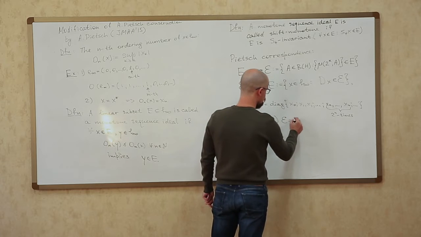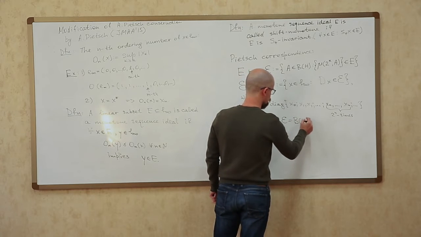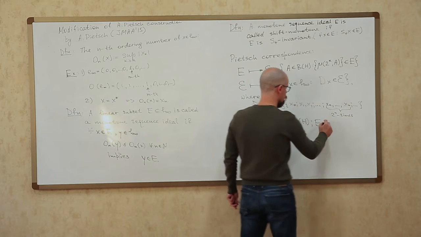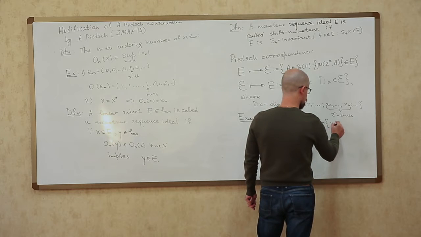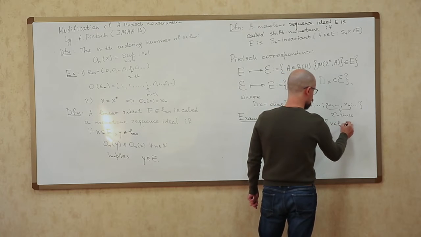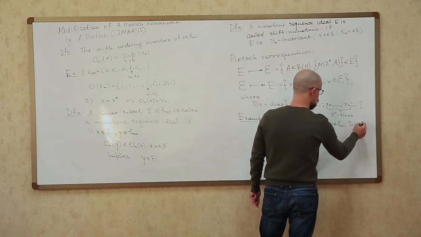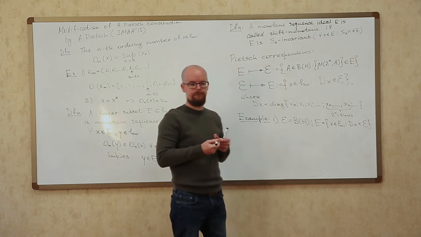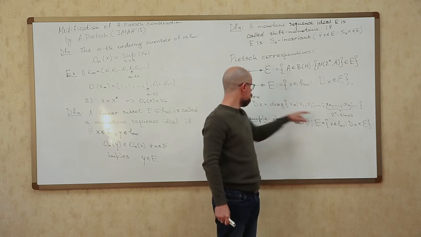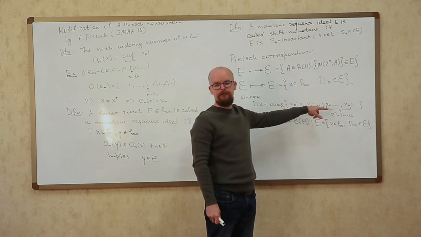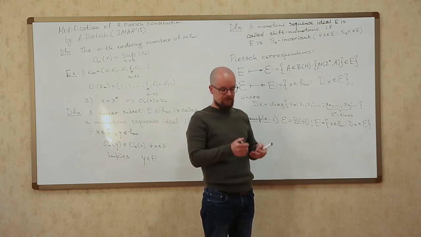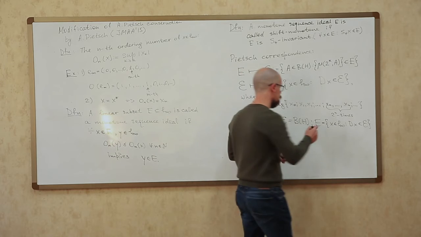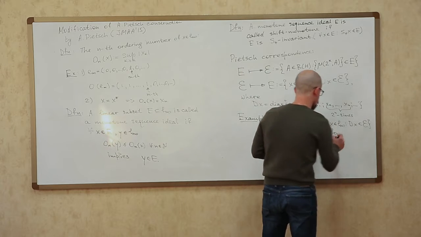If E is B of H, then the corresponding E, the straight E, consists of all sequences such that dx is in E. So all sequences such that this diagonal operator is bounded. But for every bounded x, we will get that dx is a bounded operator. So this is nothing but L infinity.